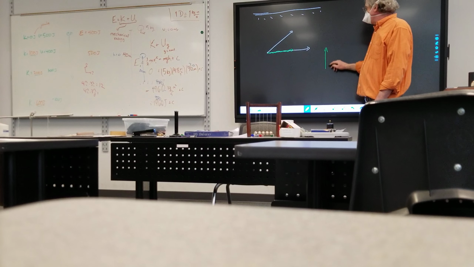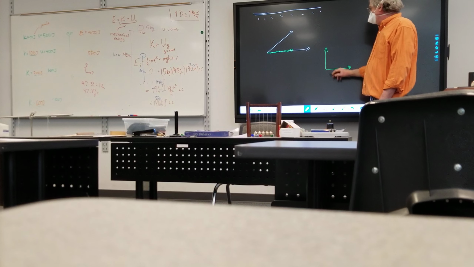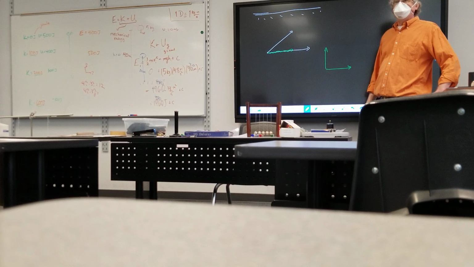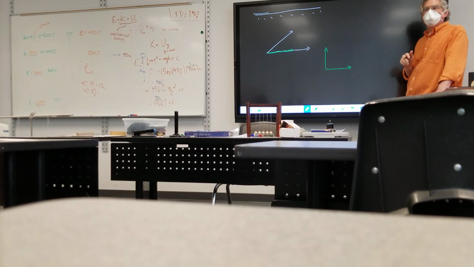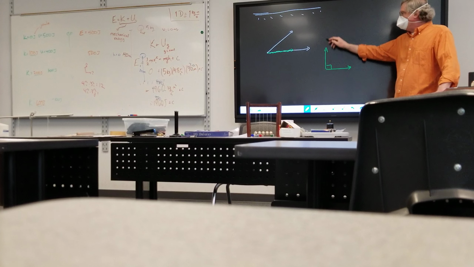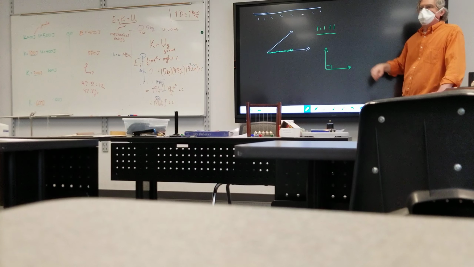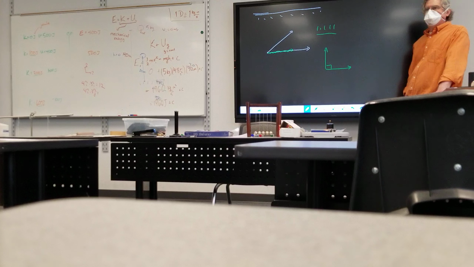If I have a vector that's perpendicular to another vector, what's the size of the shadow? If that's 90 degrees, and I have a light overhead, there'd be no shadow.